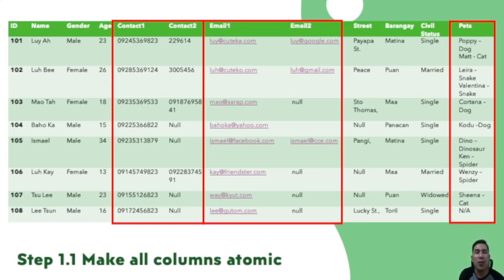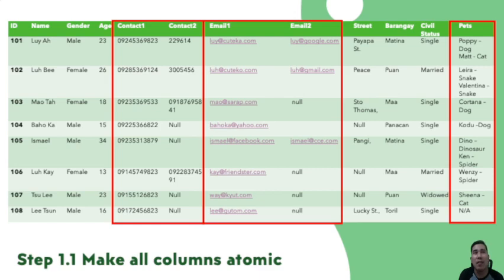So if that happens, what if there are some persons who probably don't have that many contacts or emails? This would generate null values in that particular table.